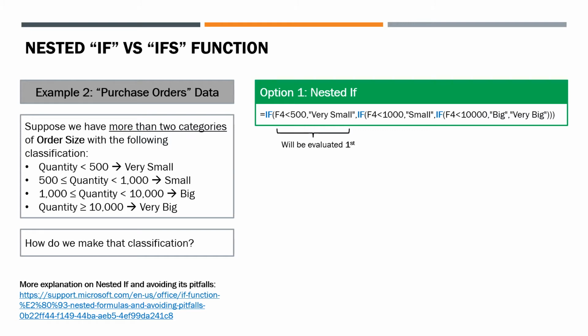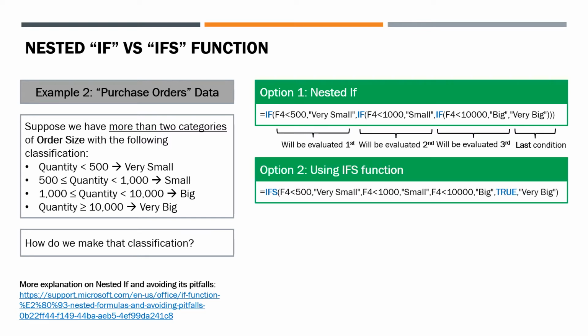If the condition doesn't satisfy this criteria, then the second formula is evaluated. If this is also not satisfied, we go to the third condition, if F4 is less than 10,000, it is considered big, and the rest is considered very big, the last condition. This is the nested IF.